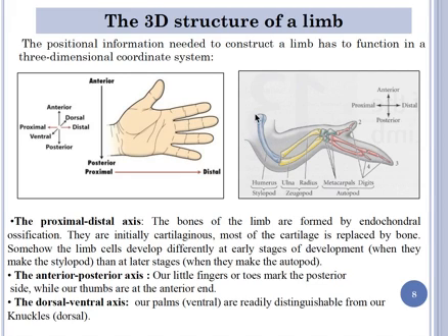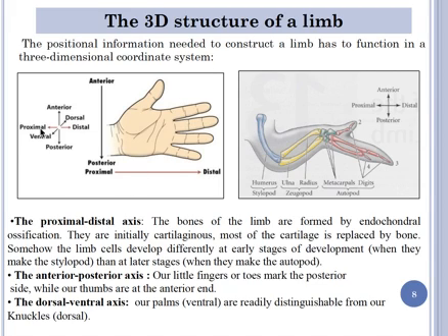Okay, it means near the point of attachment of the limb to the body. For example, here we are taking the example of the hand. This is the proximal and this is the distal. The most far away is the distal, the near is the proximal. So it means that the stylopod is the most proximal, then we have the zeugopod, and the most distal is the autopod.